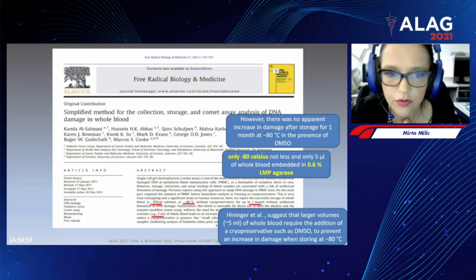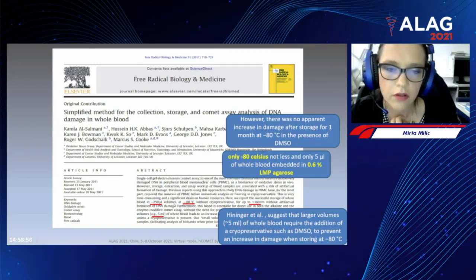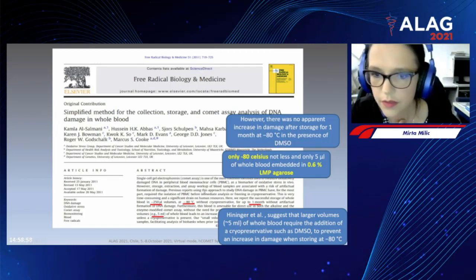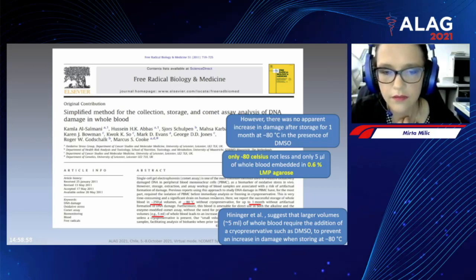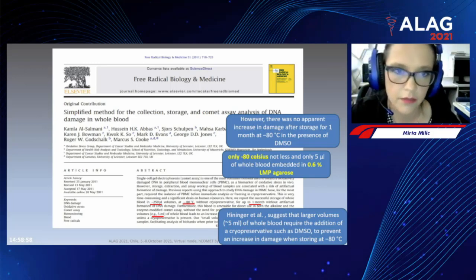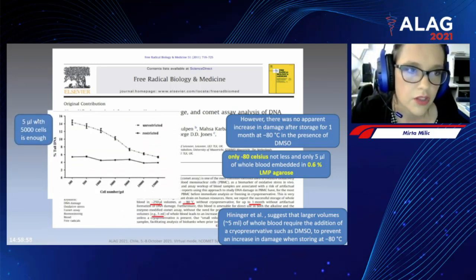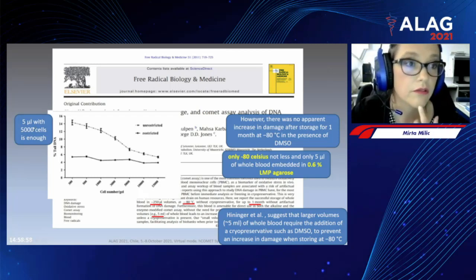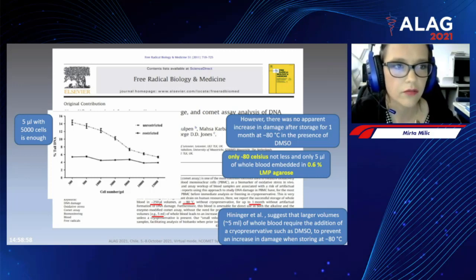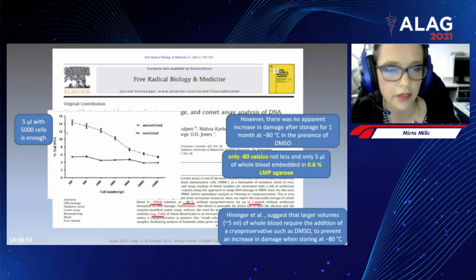And you should use a maximum of 250 microliters of frozen whole blood, because higher volumes add to this DNA damaging effect. They checked that only 5 microliters of your defrosted sample is enough to get reliable results, because there will be more than 5,000 cells.